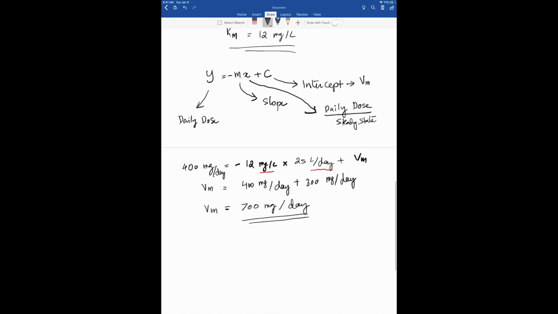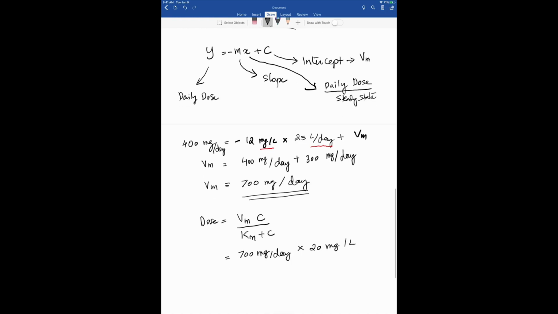Now we can go back and look at the Michaelis-Menten equation, which says dose is equal to Vm times C, which is our steady state, over Km plus C. All we need is Vm, 700 milligrams per day, times the steady state that is required, 20 milligrams per liter, over Km, which is 12 milligrams per liter, plus again the required steady state of 20 milligrams per liter.